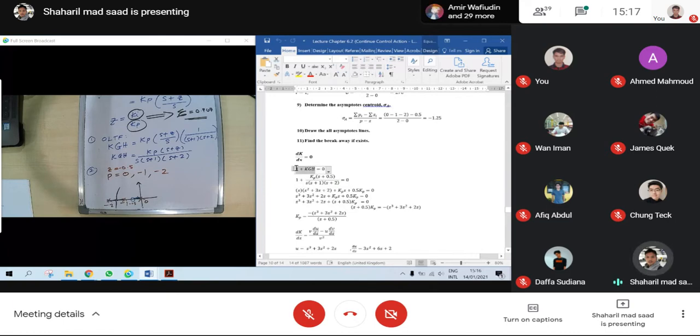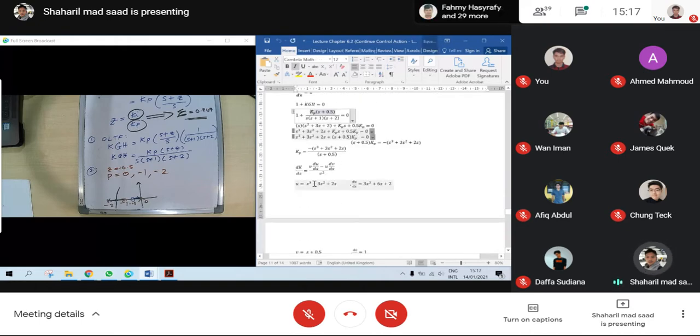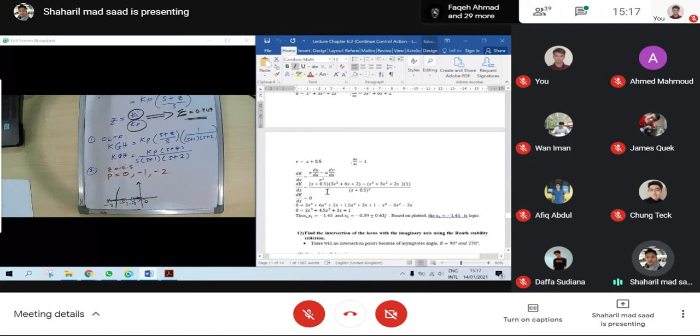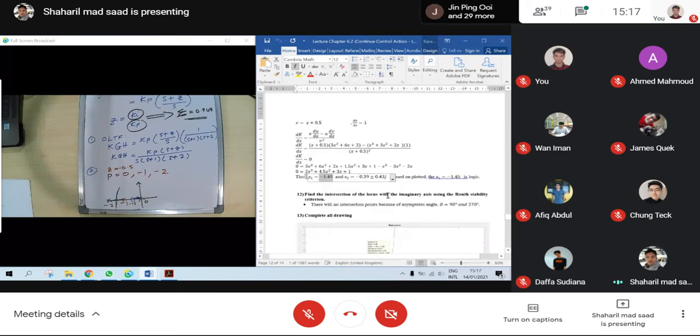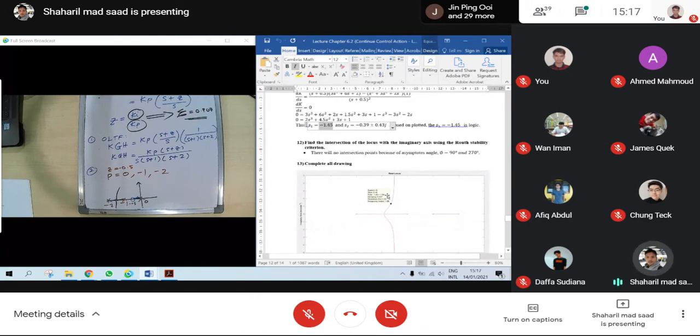From the characteristic equation, 1 plus KGH equal to 0, you write your KGH right here, and then you need to solve it using this formula. After that, you get three values, S1, S2, and S3. The logical one is S1, because the value that lies on the real axis is minus 1.45. Then for intersections, you don't see any intersections there.